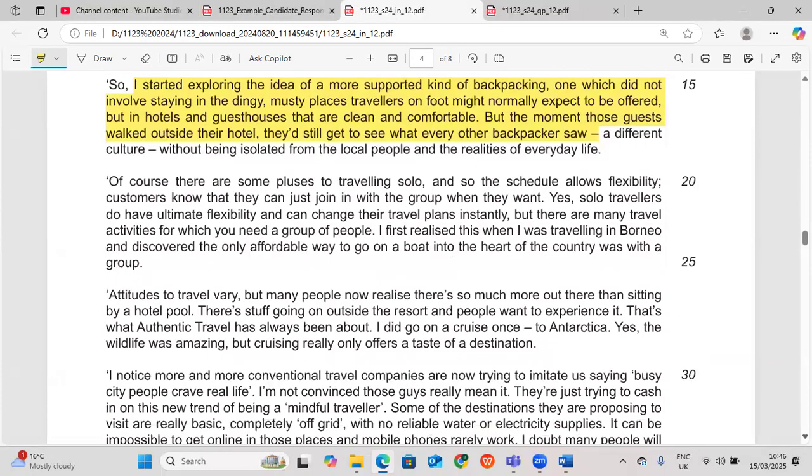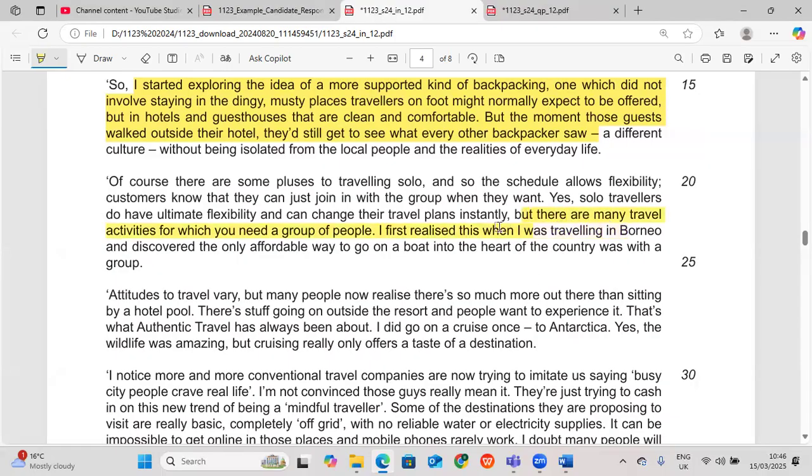And he says there are some pluses to traveling solo. There are people who like to travel on their own, and the schedule allows flexibility. But at the same time, traveling in a group matters a lot. You have ultimate flexibility and can change travel plans instantly, but there are many travel activities for which you need a group.